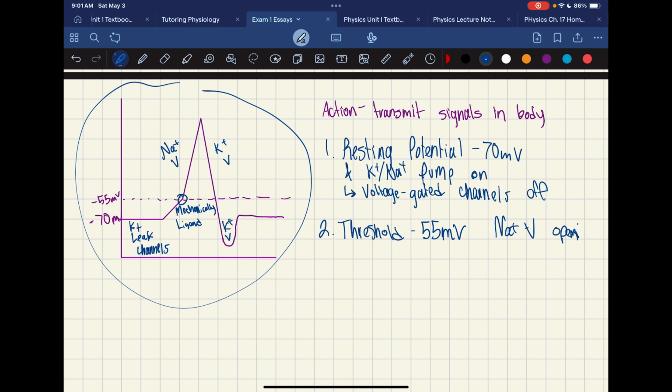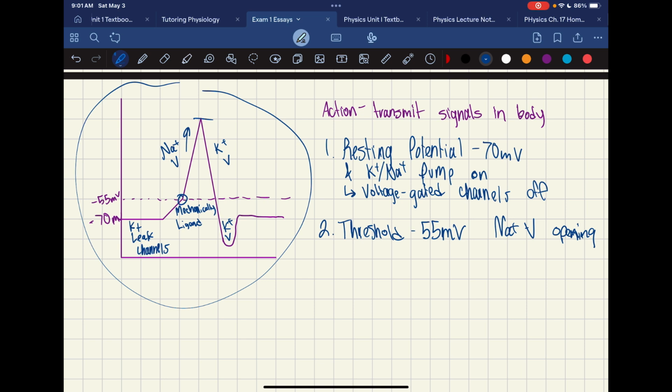And they open quickly. They cause a huge rush of sodium, which brings us to our peak right there at the action potential. That's when stuff happens. That's when we feel the pen touching the palm of our hand, right?